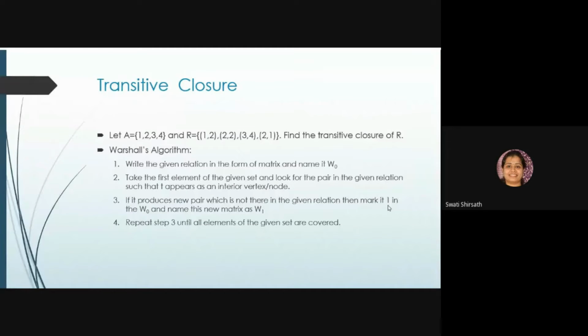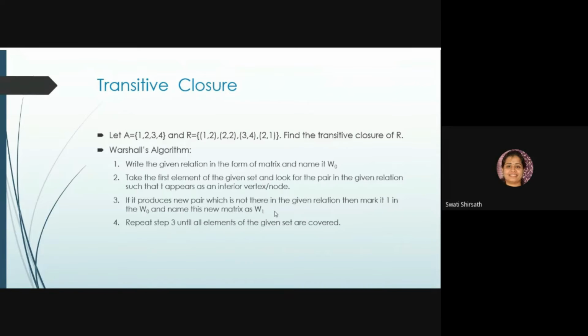For the very first element, 1, the matrix you have to refer to and change is W0. You name the new matrix after that element: W1, W2, W3, W4, or WA, WB, WC, depending on the elements in the set.